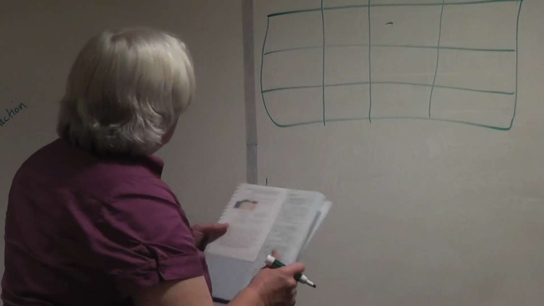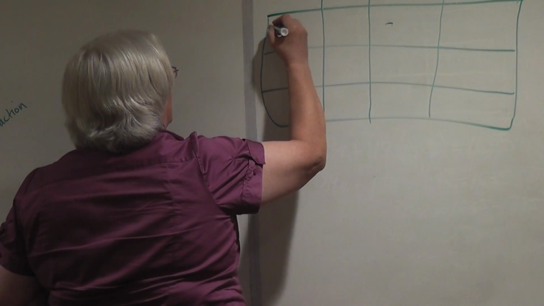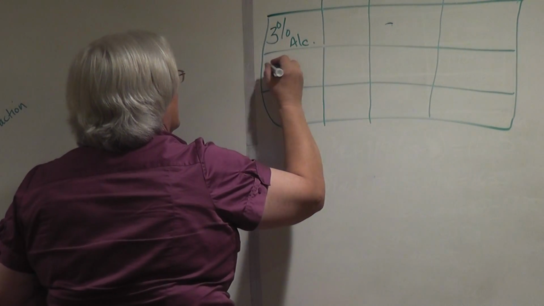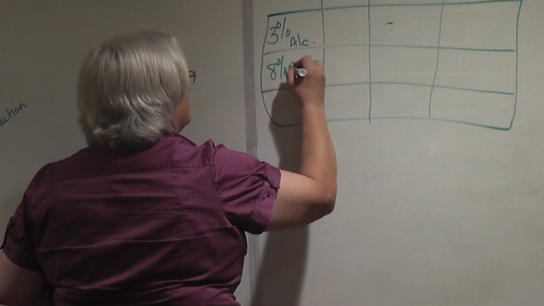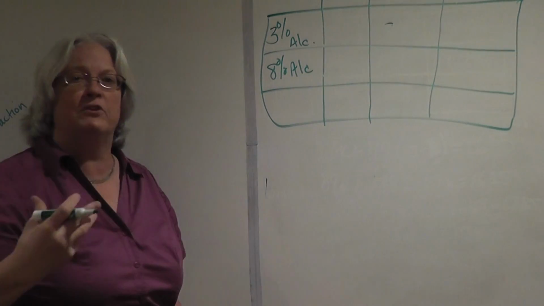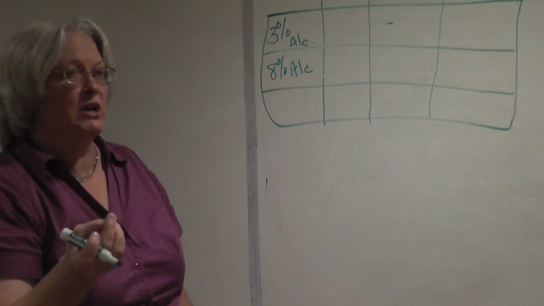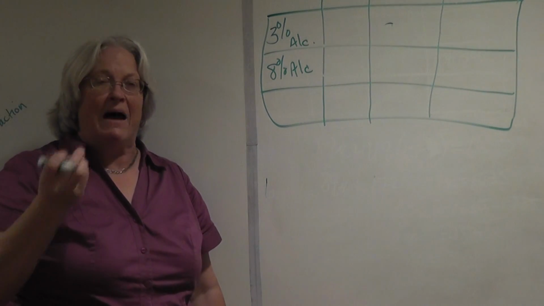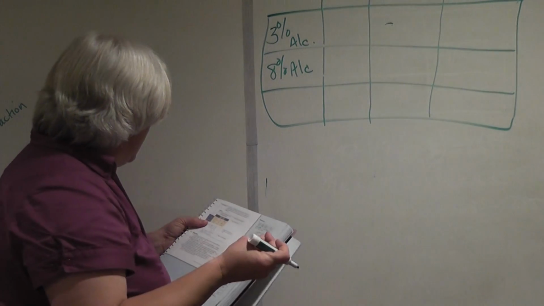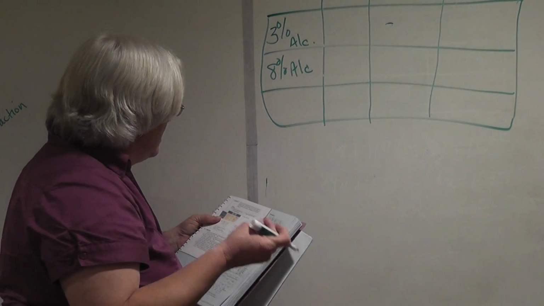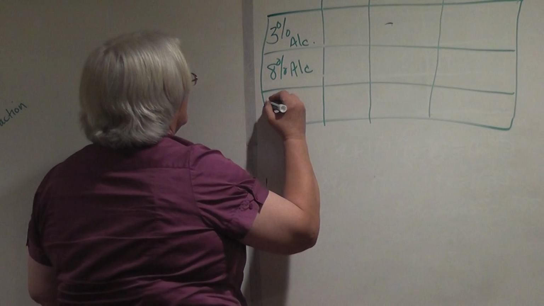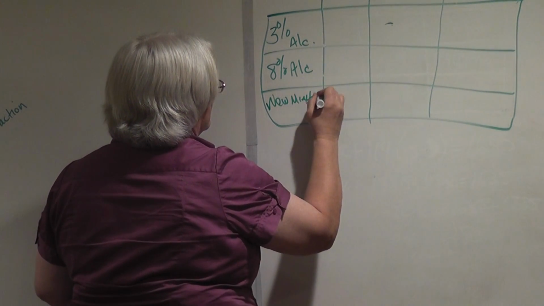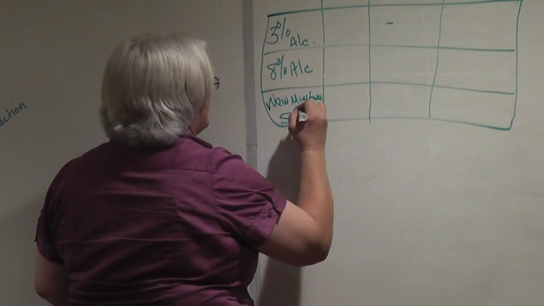One is 3% alcohol and one is 8% alcohol. So we have the 3% alcohol and we have the 8% alcohol. And we want to figure out what the correct proportion is in which we can mix these two alcohol solutions so that we end up with a new mixture of 5% alcohol. So our new mixture is going to be 5%. And there you have 5%.